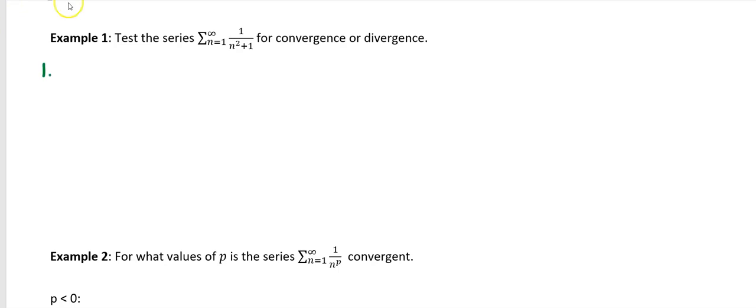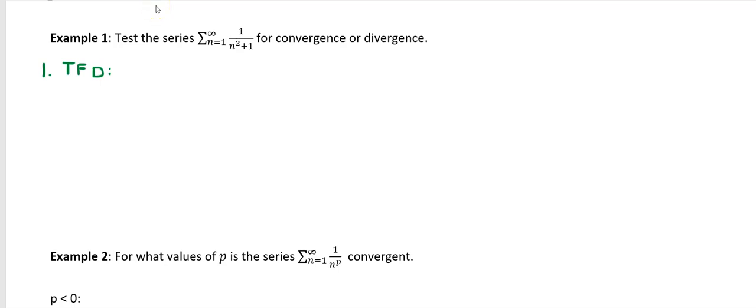So the first thing I'm going to do is talk about the idea from a prior section, which was the test for divergence. If it works, then I will answer this question right away, which is telling whether this series converges or diverges.